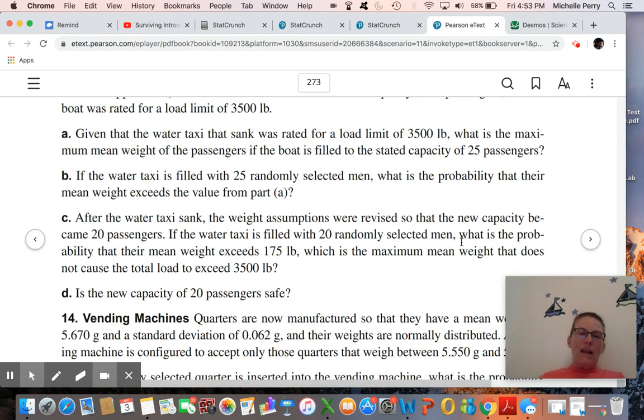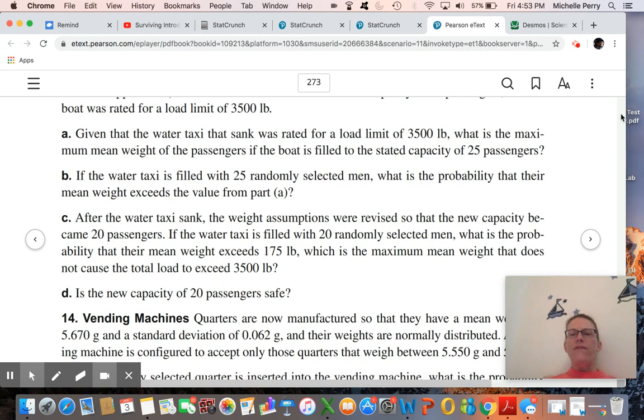So what they get us to think about in Part C is, after the water taxi sank, the weight assumptions were revised so that the new capacity becomes 20 passengers. So now we're selecting a different group from the population. We're going to select a group of 20. If the taxi is filled to 20 randomly selected men, what's the probability that their mean weight exceeds 175?